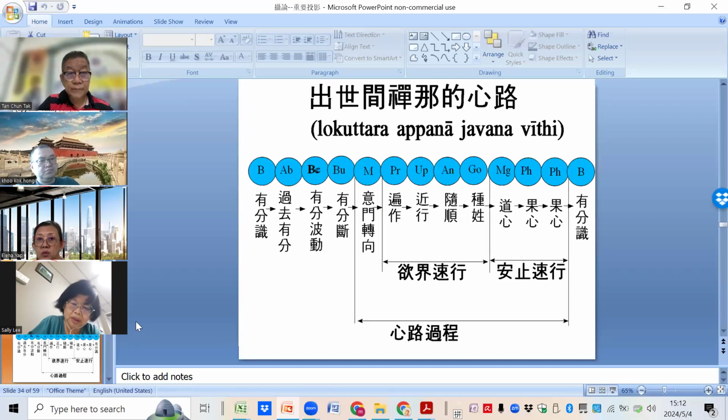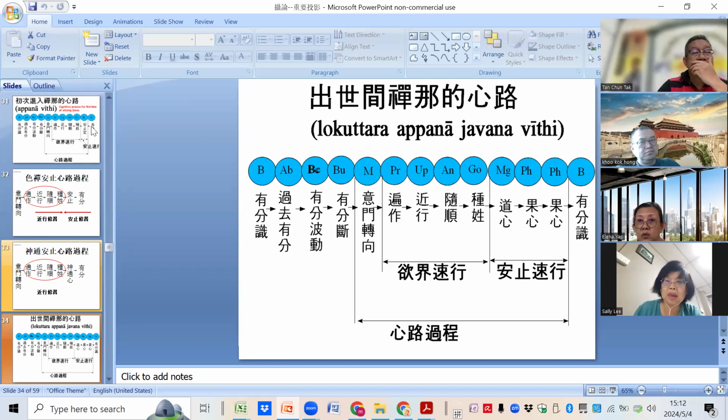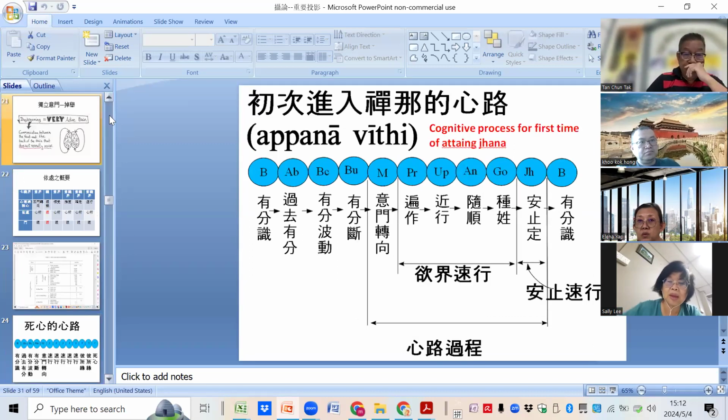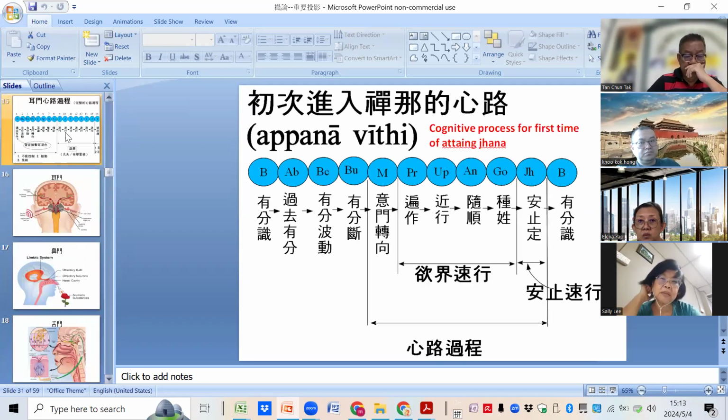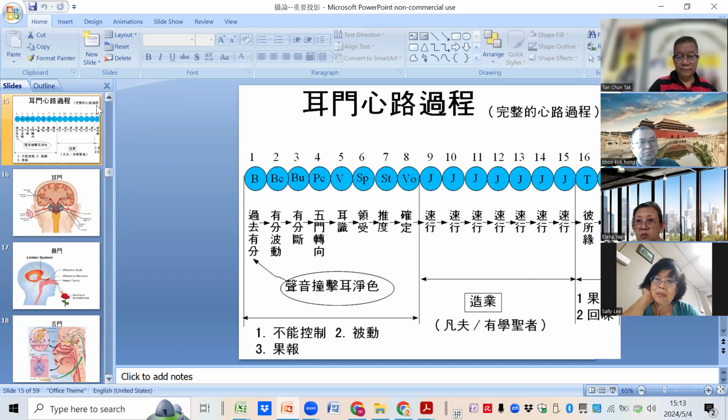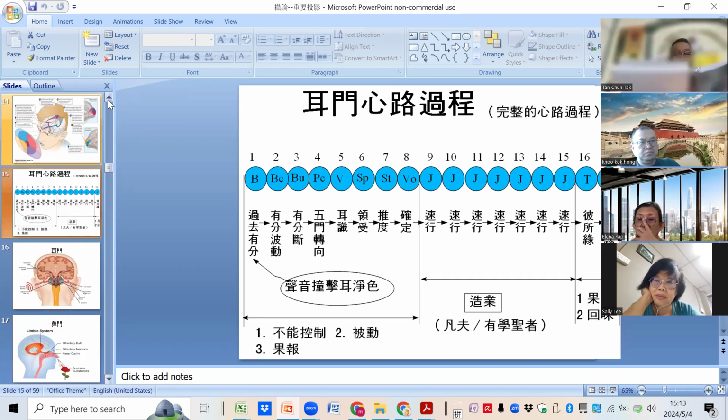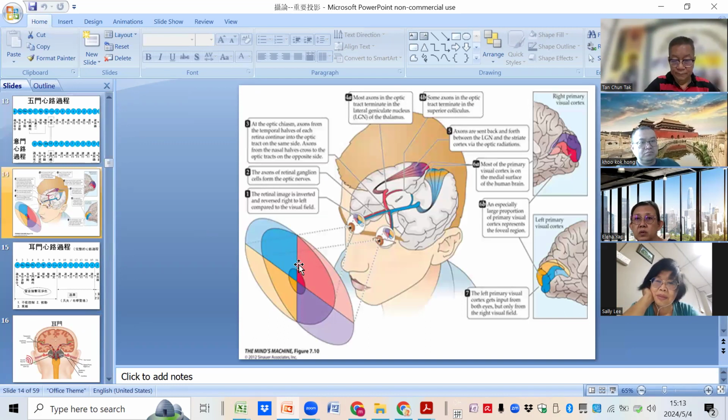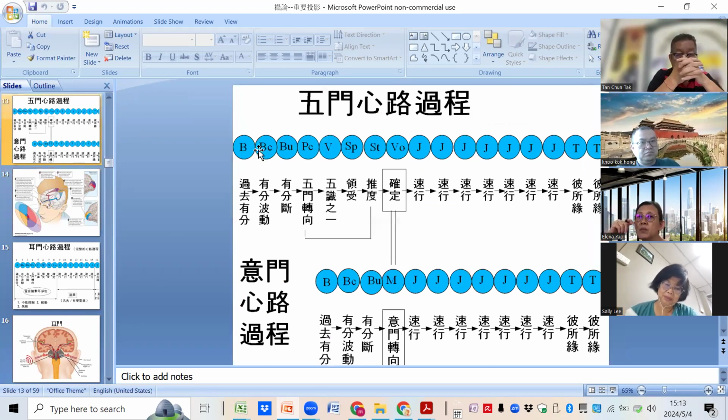Okay, class, according to Abhidhamma, I think I showed you all this before, meaning the whole connective process, how we understand the outside. Once our eye contacts the object, there will be a series of connected processes. All this is Pali terms.